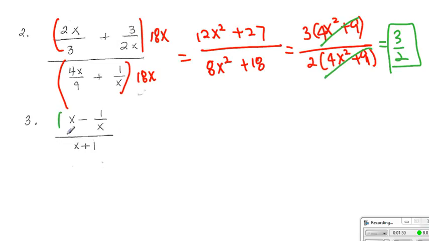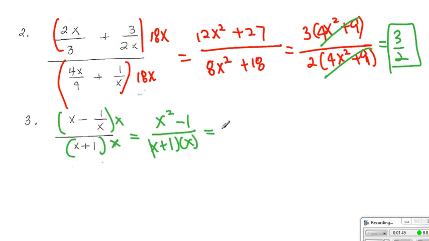Alright, how about the bottom one? We can multiply top and bottom by x. Here we have x squared minus 1, and on the bottom we have x plus 1 times x.